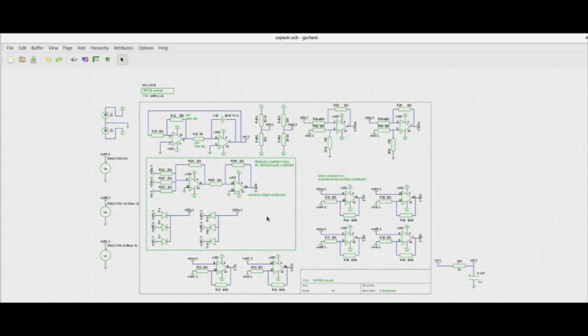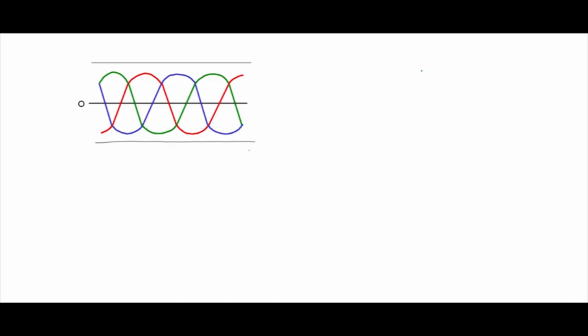So the idea is like this. You have these three-phase reference wave shapes, VA star, VB star, VC star, which is in between the modulating extremes. Now let me remove the color and then remove all the in-between lines.